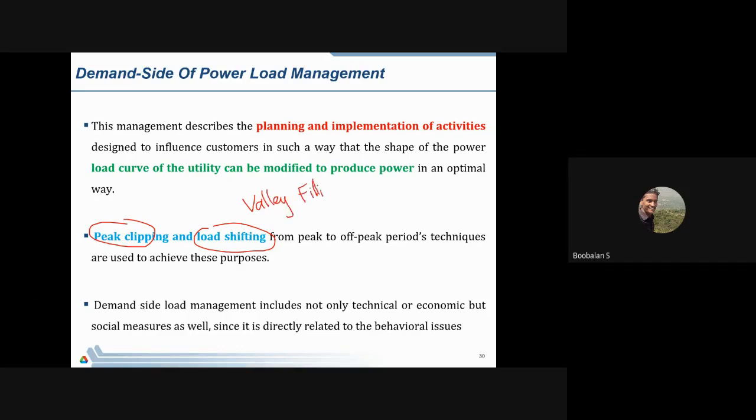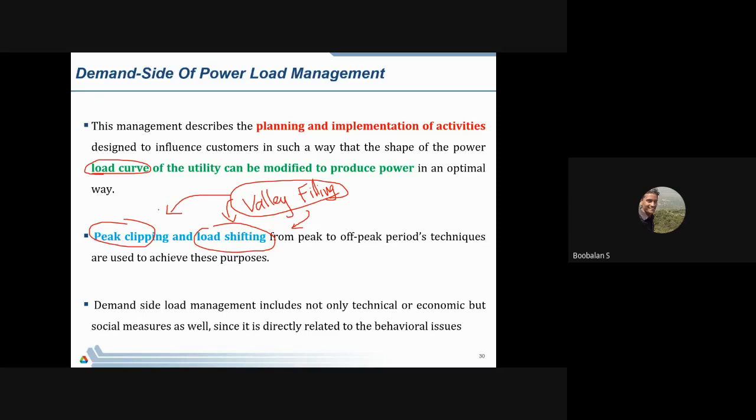These are the different techniques or activities which help to reduce peak demand in our thermal power station. We'll see these three activities one by one. By doing peak clipping, load shifting and valley filling, you can change the load curve or load pattern in such a way that you can run your thermal power plant in a smoother manner.